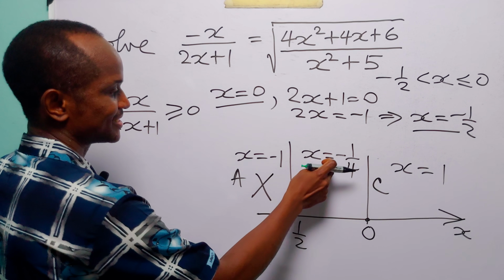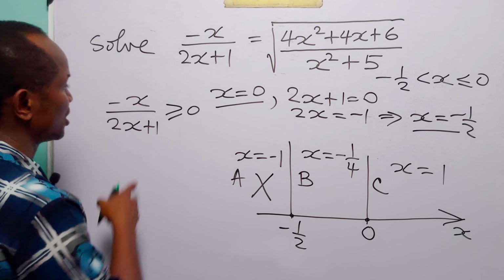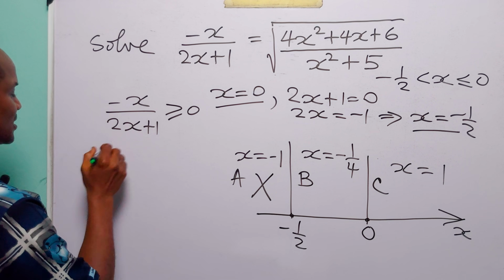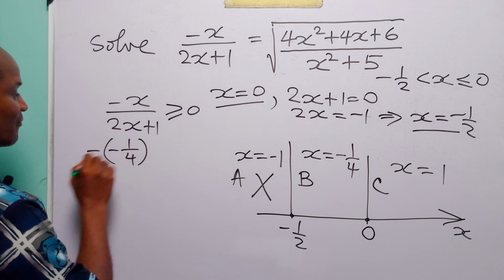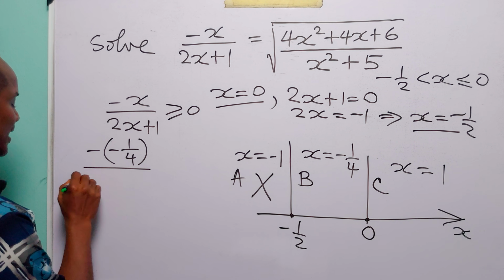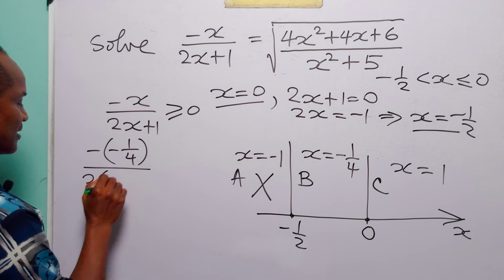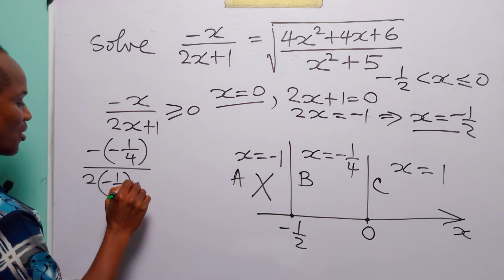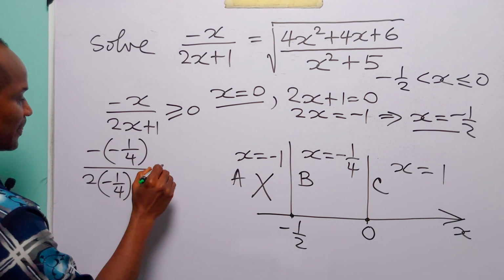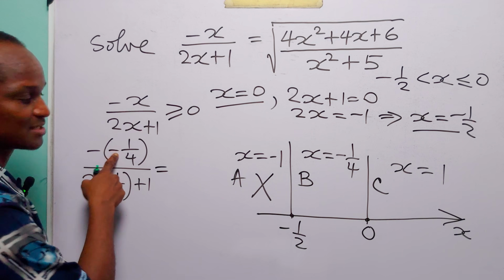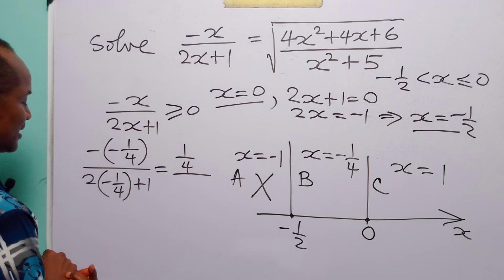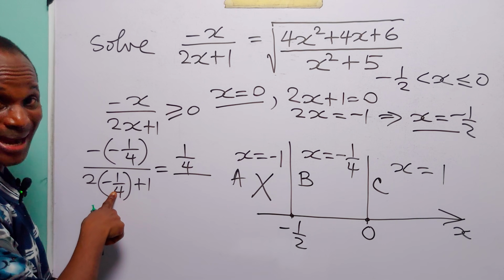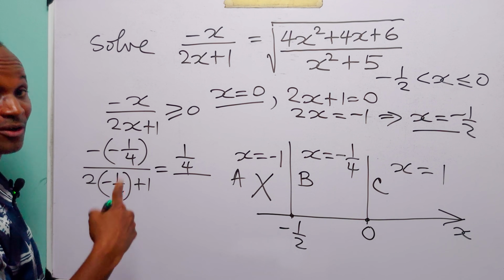Now, when x is equal to minus 1 over 4, substituting into this inequality, we have minus 1 over 4 divided by 2 times minus 1 over 4 plus 1. Minus is plus, so we have 1 over 4 divided by 2 times minus 1 over 4 is minus half.